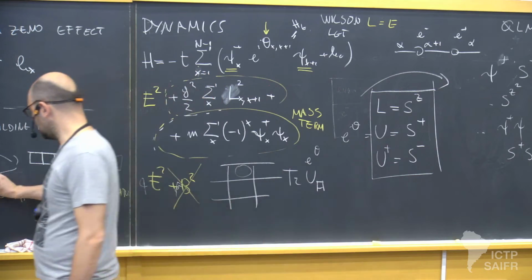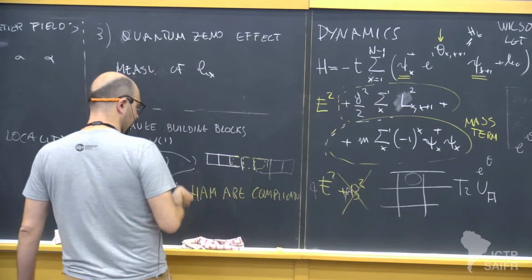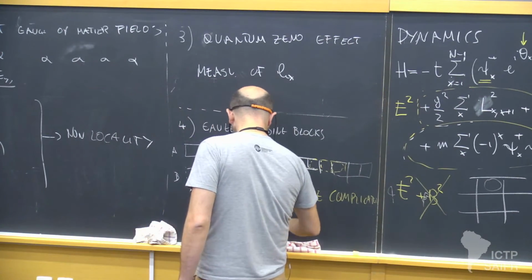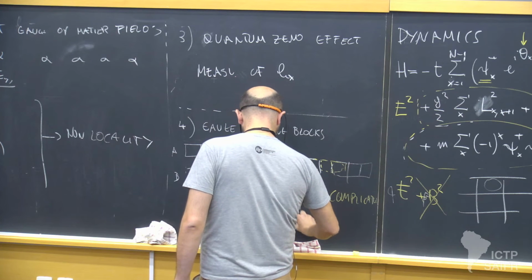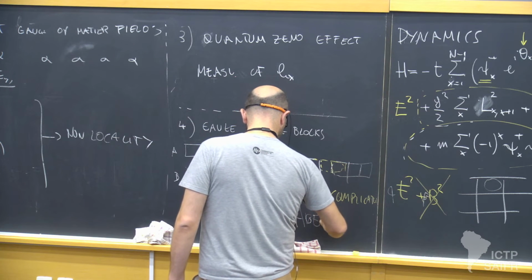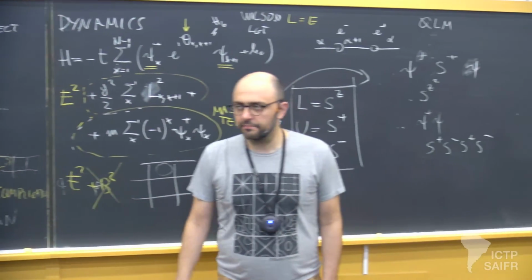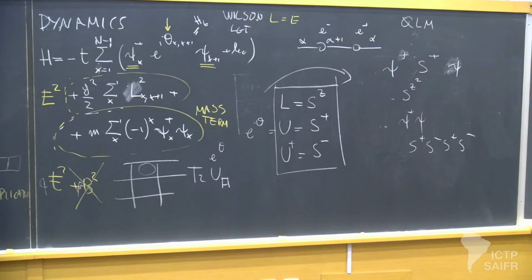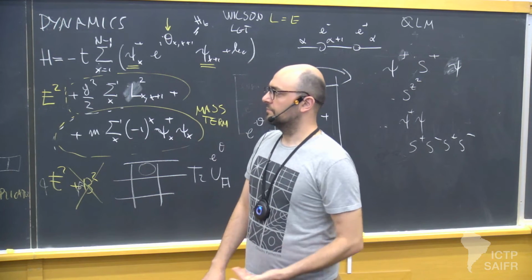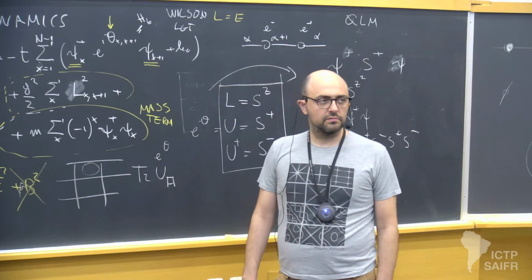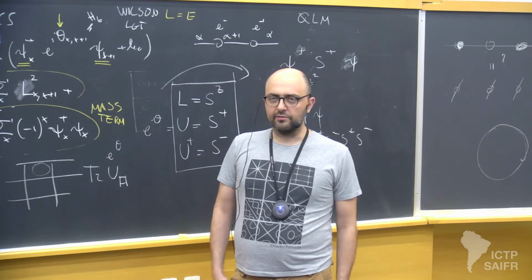So this is something which is, in my opinion, the best method to go towards non-abelian models, even though nobody has ever demonstrated it in an experiment. These, I will say, are the 4 possible methods that people developed. Yes?